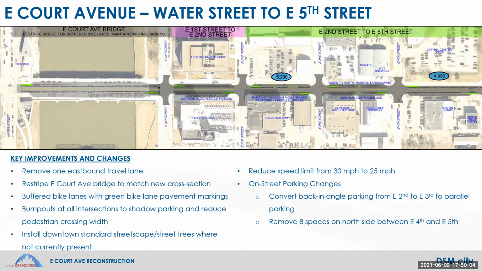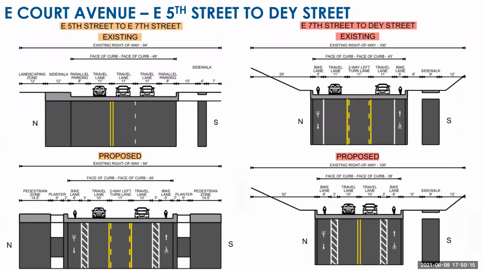So that's the first chunk of the project. I'm gonna move farther to the east, and we'll look at East 5th over to Day Street. From East 5th to East 7th is still in this core downtown area, and the existing cross section there is about 45 feet.